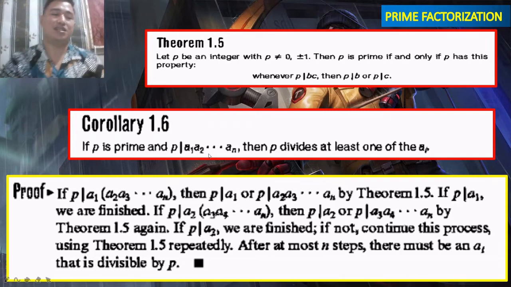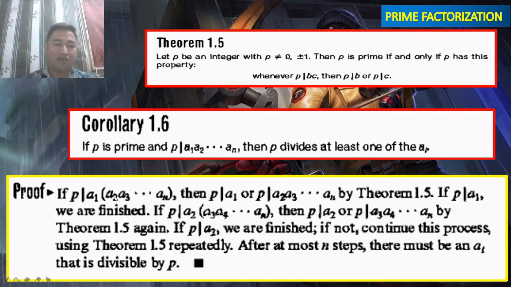Nauna na na siya class. So, proof. If P divides A1 times A2, A3, to AN, okay. Kaning A2 to AN, ato na nang gihimong isa class. Mura siya duha kay B times C, man, di ba? Then P divides A1, or P divides A2, A3 to AN.